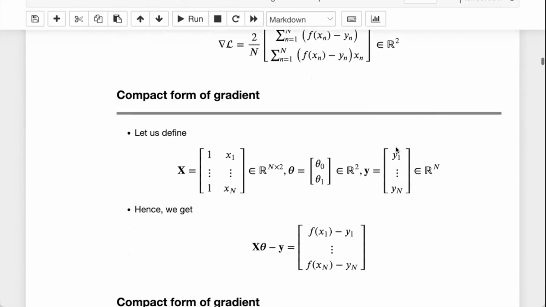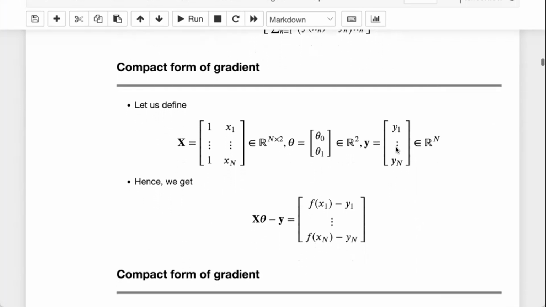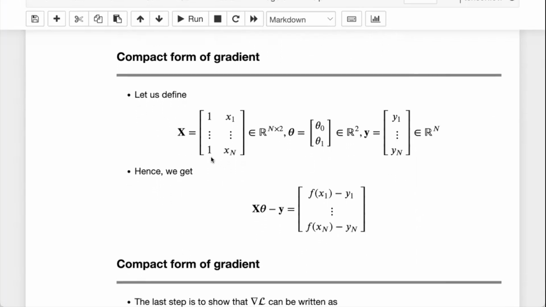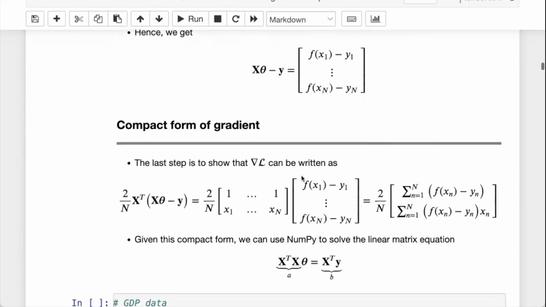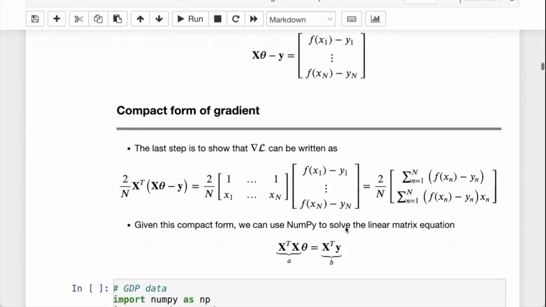And then we talked about the compact form of the gradient in this case, which is in the form of the data matrix, vector theta, and the target or output vector. And we showed you all these steps. The basic idea is just matrix vector multiplication, which can be viewed as the dot product between each row and the corresponding vector that we have in front.